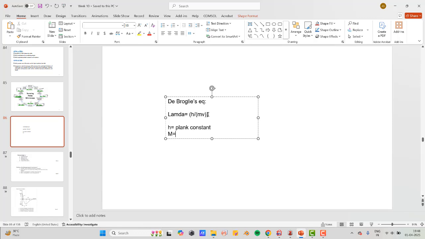So m is the mass, this is in kg. Planck's constant will be joule per hertz. Yeah, you can solve.